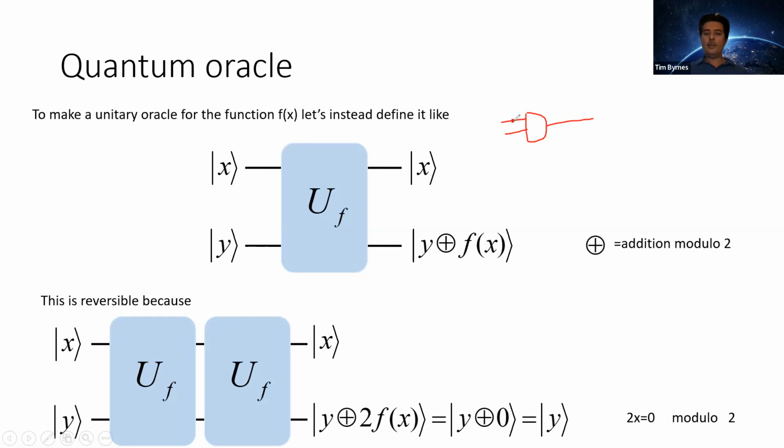But we can make it compatible by copying one of the qubits over, or not really copying, but just letting this one through, so it's unaffected from the beginning to the end. So we're going to do a similar kind of trick to make a unitary version of this oracle.